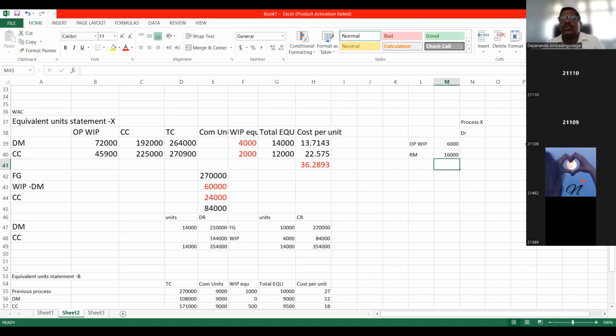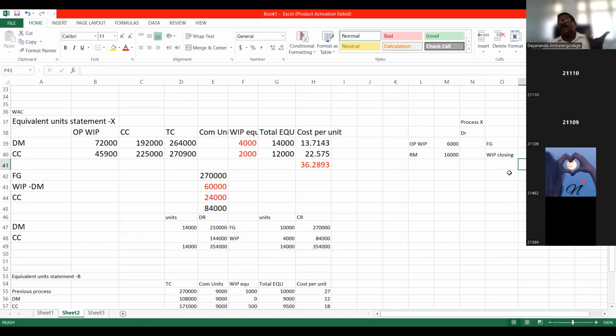And you can go to the credit side. Yes, credit side. Finished goods not given. You can take the closing WIP. How much? As per the question, closing WIP is 4,000 units.